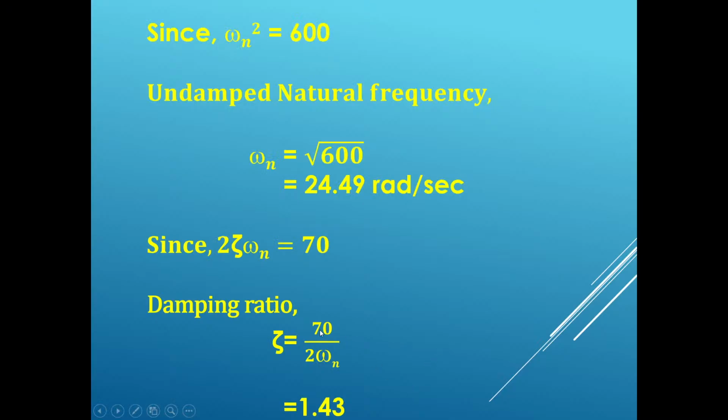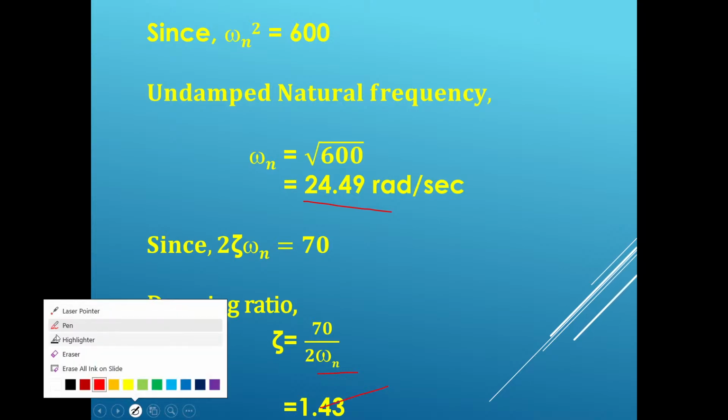Omega n value is 24.49. Substitute the omega n value in this formula, and you will get zeta is equal to 1.49. You just write it.